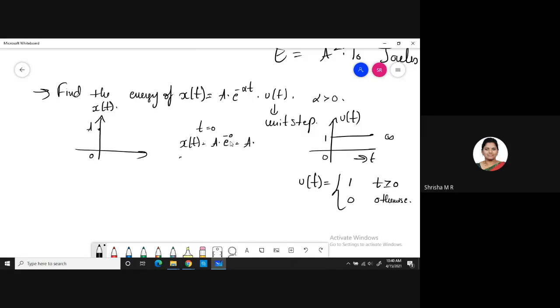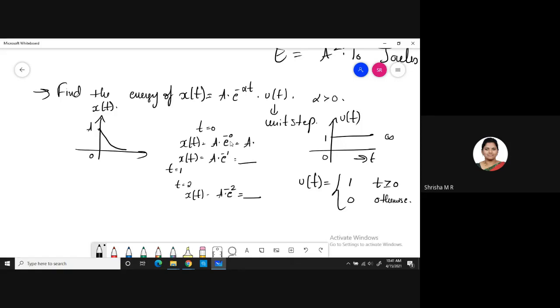At t equal to 1, a into e power minus 1 will be a value which is less than a. Similarly, at t equal to 2, x of t is a into e power minus 2, which is again a value less than a. So you get a signal something like this. This is non-periodic in nature.